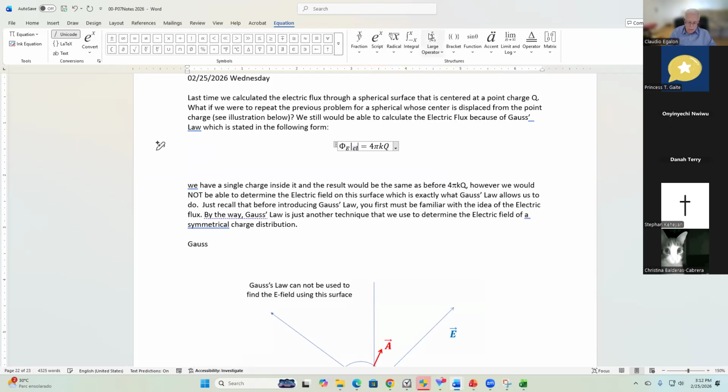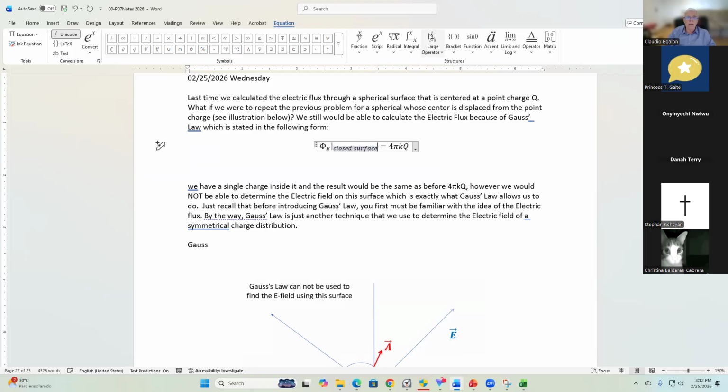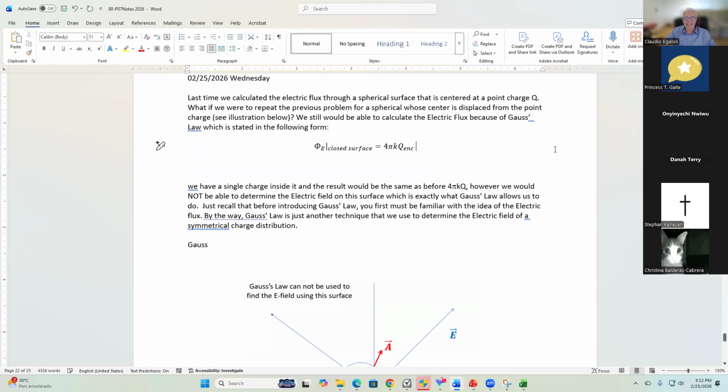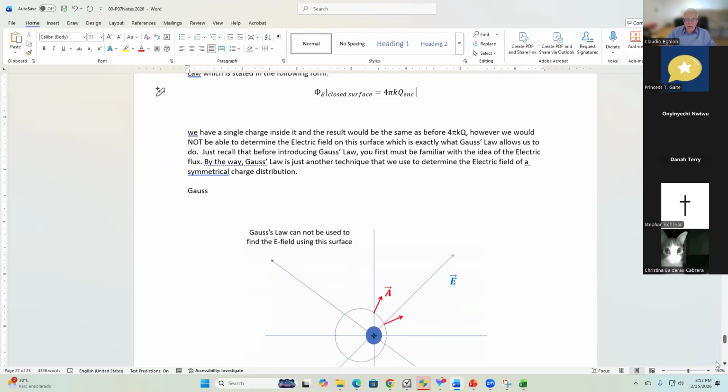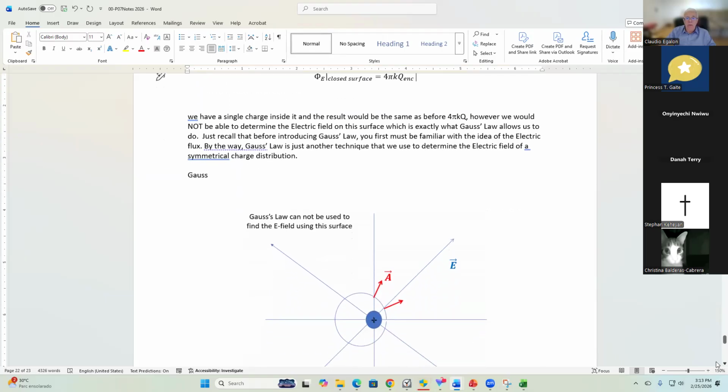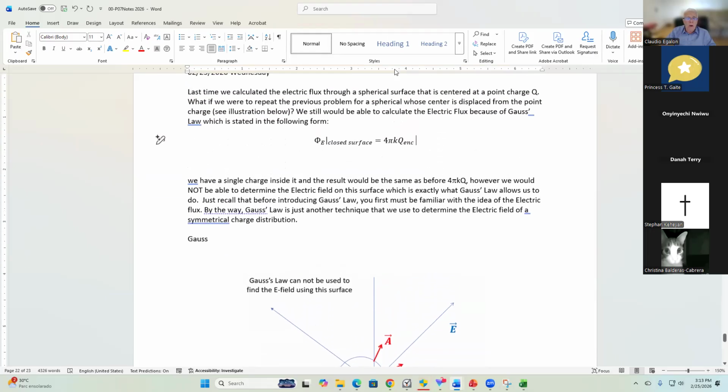Here you go, I'm going to put it here, closed surface. It is going to be given by 4 pi k times the electric charge enclosed by this surface. So even if our surface is displaced like that, the electric flux would still be the same through this surface. But don't forget, this Gauss's law applies only to a closed surface.